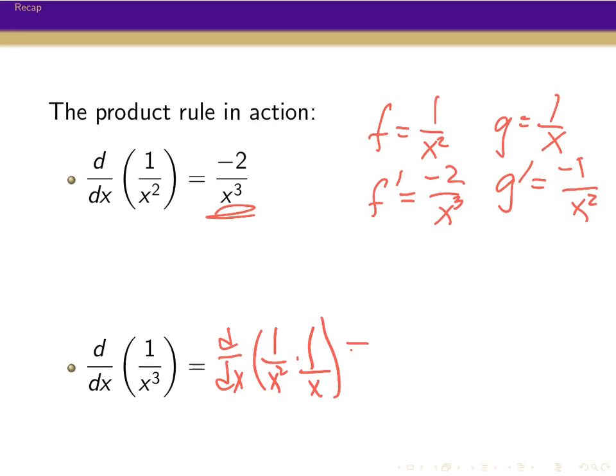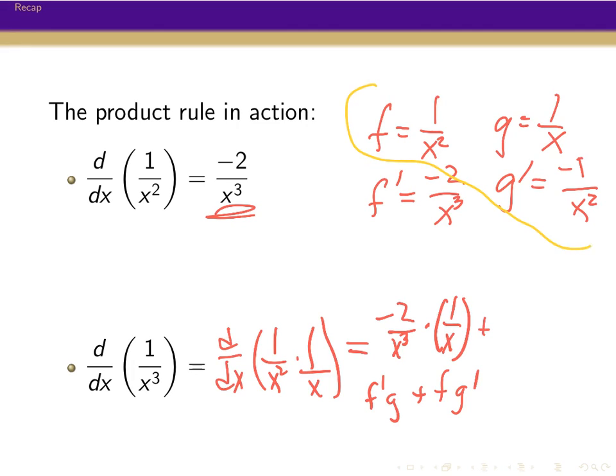So when we use the product rule, f prime g plus f g prime, f prime is minus 2 over x cubed times g, which is 1 over x. My f g prime is sitting right up there. So I have 1 over x squared times minus 1 over x squared.